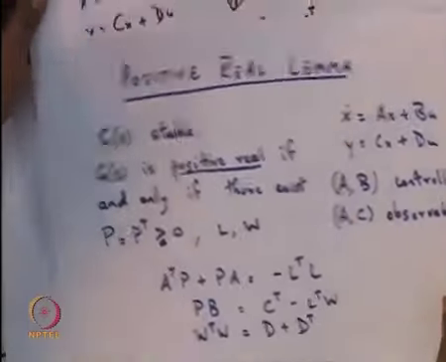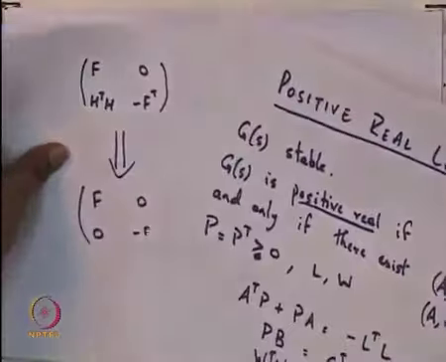Okay. So, it looks like I am out of time, and so let me stop this lecture. But what I would do in the next lecture is I would start off by giving the definition of positive real for matrices, for the matrix case. We proved the positive real lemma, assuming, initially I had only given the understanding of what positive realness is for scalar single input single output system, but of course it can be extended to a matrix case.